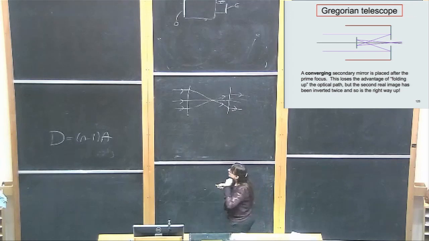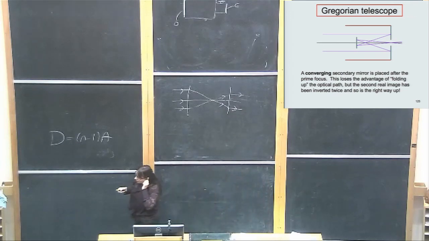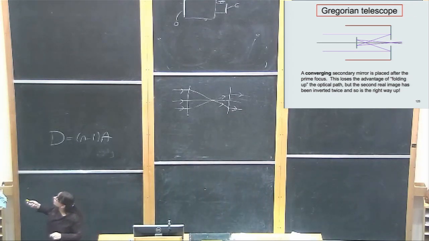The Gregorian telescope, yet another design. So now the flat mirror is replaced by another converging secondary mirror. So here the light's coming in, we're allowing it to come to a focus first and then go beyond, and then here sits another converging mirror, and then the light is brought to its final focus here with the observer again sitting outside here.